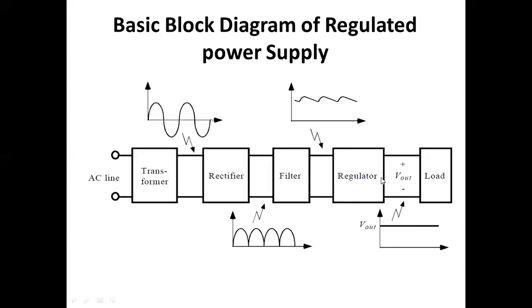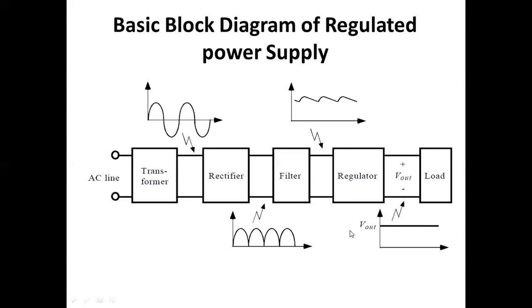The regulator regulates the voltage value, and the filter output should be a steady state value, a DC supply of constant magnitude. The sinusoidal AC supply is converted to DC. That is a complete rectifier.